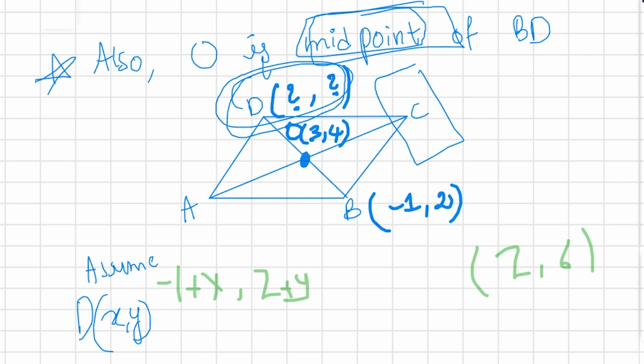Midpoint. The formula for midpoint is x1 plus x2 divided by 2. So you have added x1 and x2, right? Yeah. And you divided by 2. So can you rectify this?